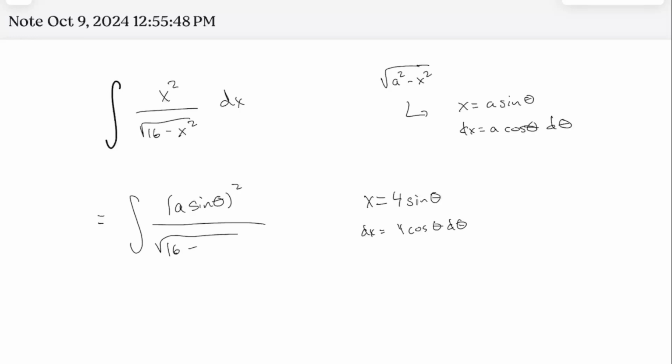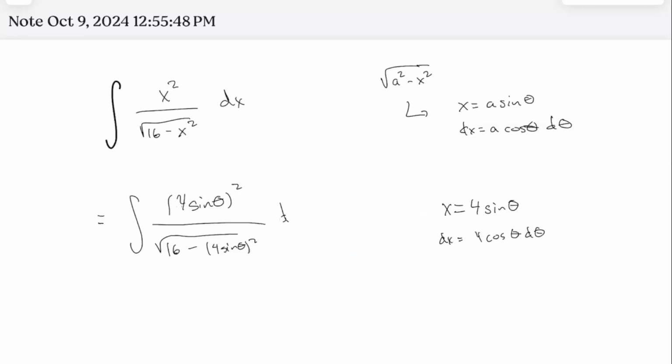So this is 4 sine theta squared, and then 16 minus 4 sine theta squared down there. And then the dx becomes 4 cosine theta d theta. Anyone remember this from last time?